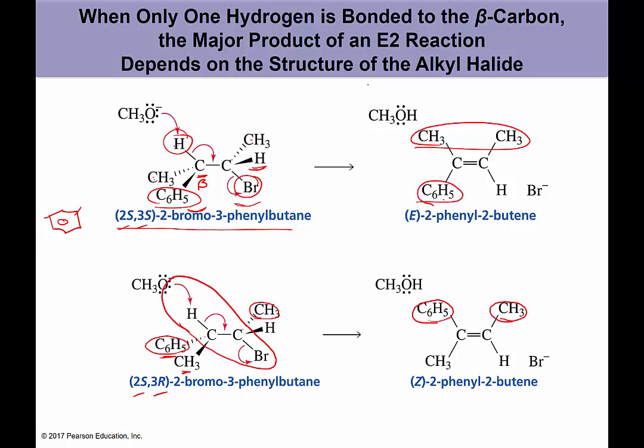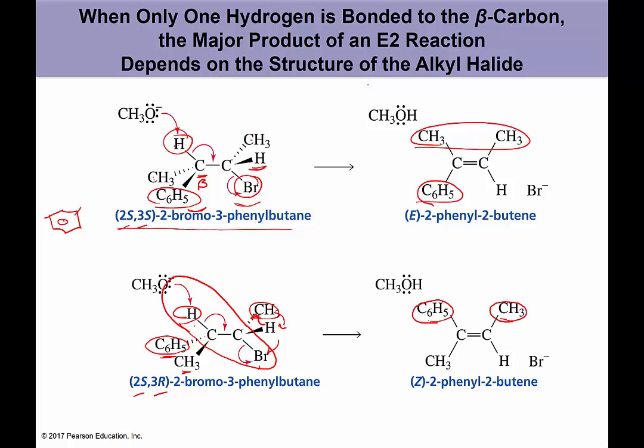Okay, so how do you do these problems? If you're good with hatch and wedge, you draw the hatch and wedge and you can rotate these groups around each other in order to get the hydrogens and the leaving group, that is this leaving group and this hydrogen, to be anti to each other.